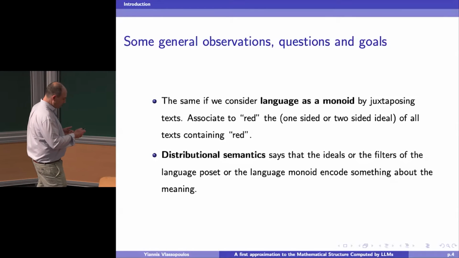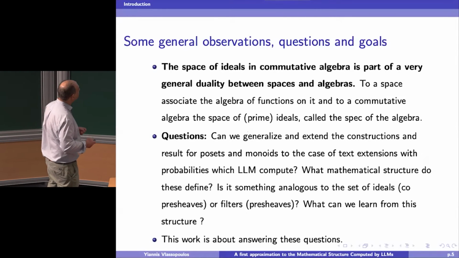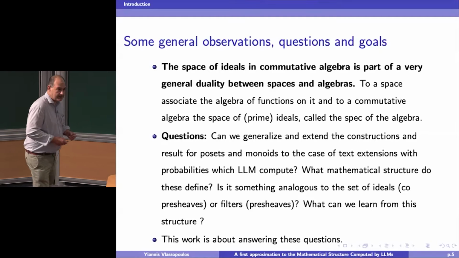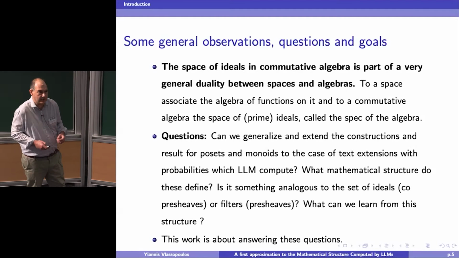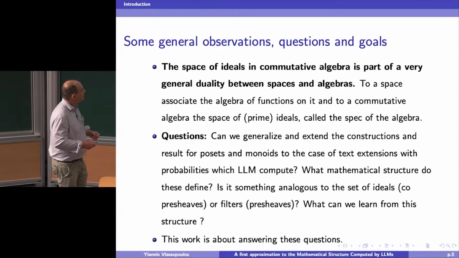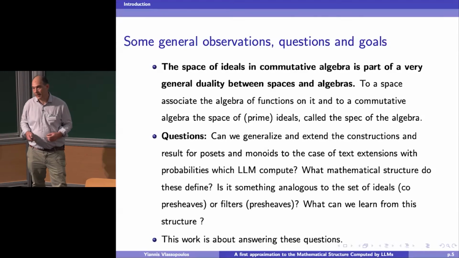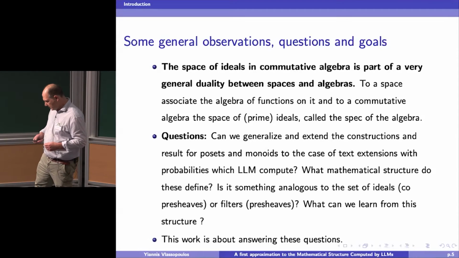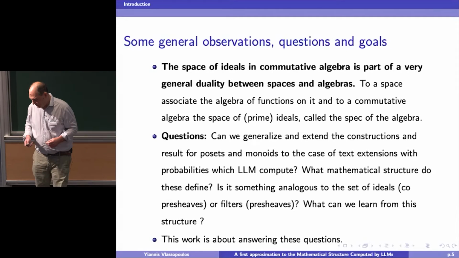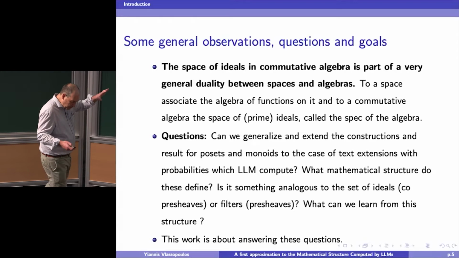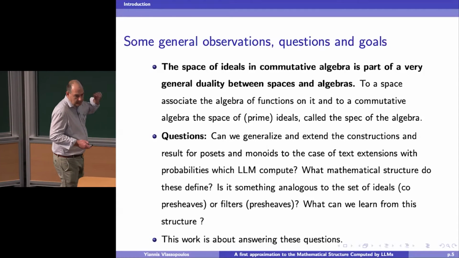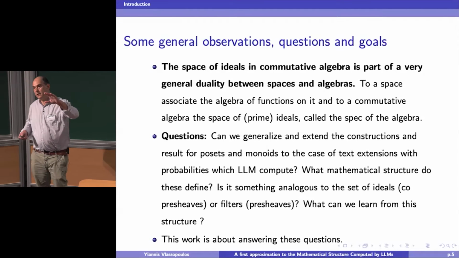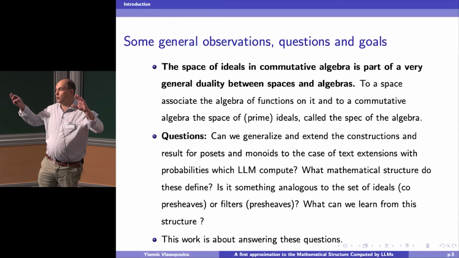Okay, so I want to study this structure, and the study of ideals, of course, is a very well-known subject also for commutative algebras. In the case of commutative algebras, there is a very well-known duality between ideals and geometric objects. If you take an algebra, for example polynomials in two variables, and take all prime ideals, then they basically make C^2.